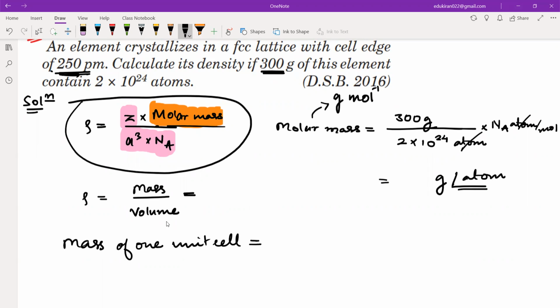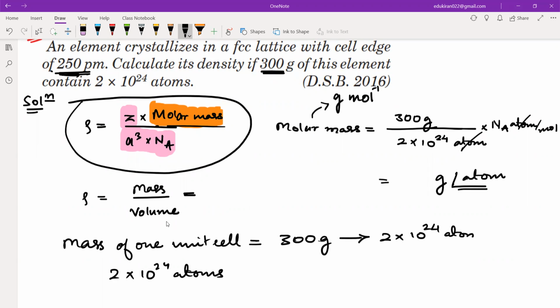So you have 300 gram by 2 into 10 to the power 24 atoms. That means the mass of 2 into 10 to the power 24 atoms is 300 grams. So the mass of one atom will be 300 divided by 2 into 10 to the power 24.